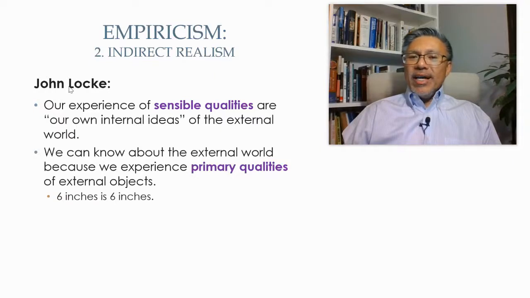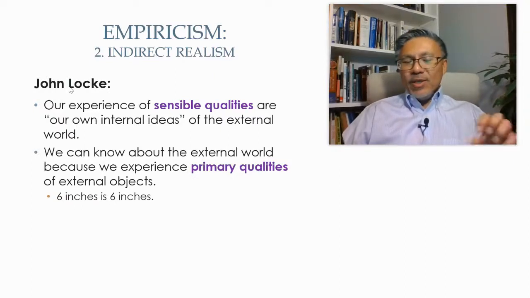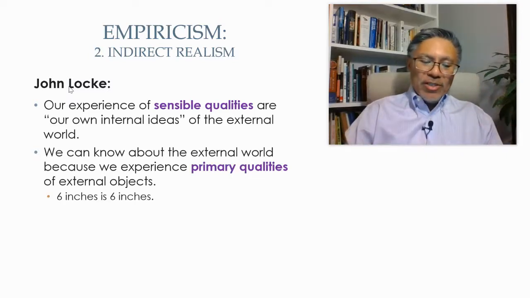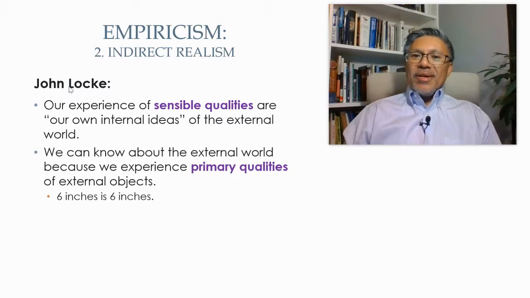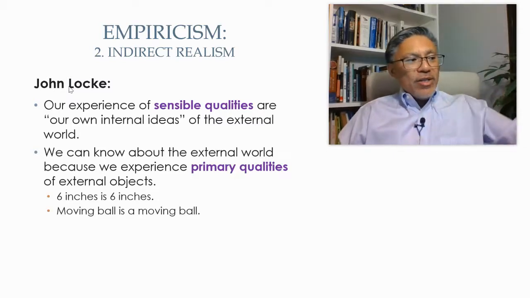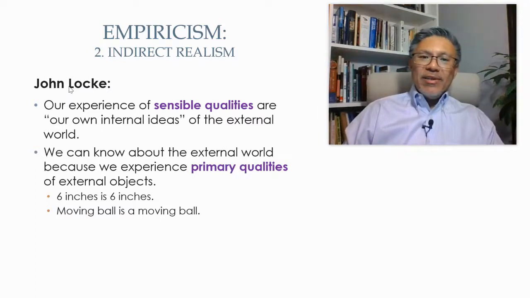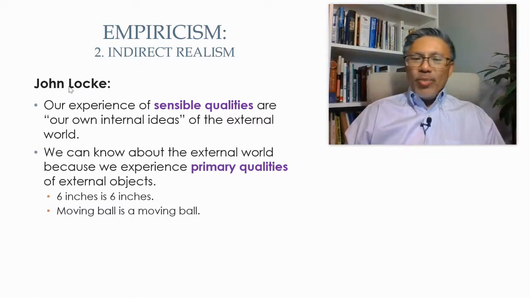And if we take a look at scientific realism, we can say things that we can measure might be considered primary qualities. Take a ruler, 6 inches, 6 inches, right? If the ball is moving from one end of the hill down to the base of the hill, well, the ball's moving. You can see it move. Those are primary qualities that you can experience of the world. You can know of the world.